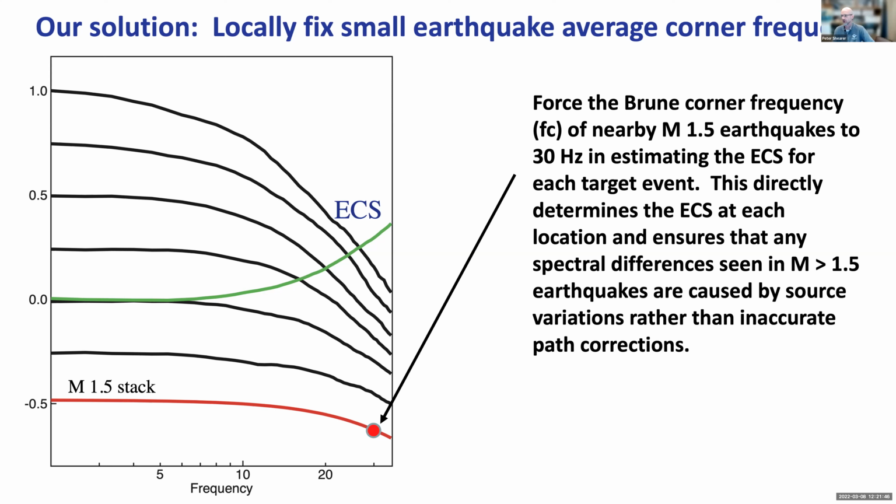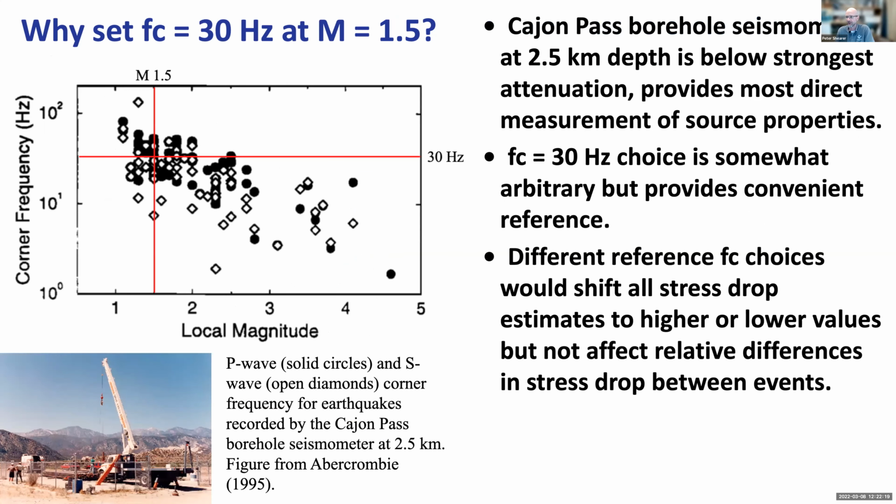And that essentially forces those smallest earthquakes to have the same stress drop when you compute them with a theoretical model. But the advantage of doing that is if you then see differences in the larger earthquakes, because we force the small ones all to be the same, that has to be a real source effect and not a path effect.